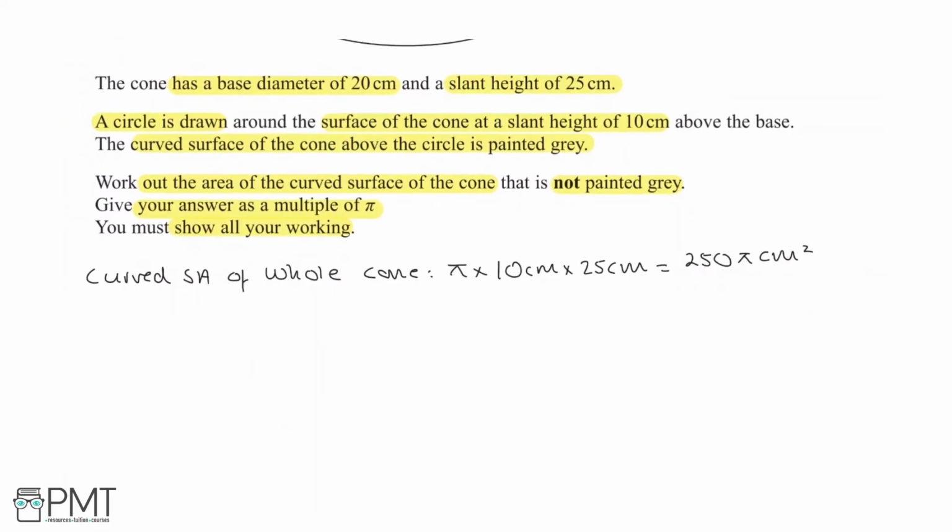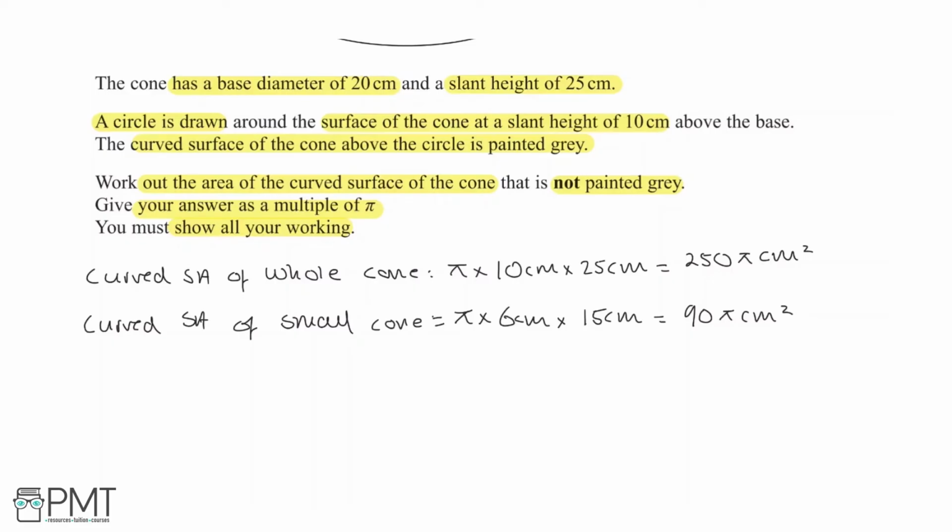So the curved surface area of the small cone equals pi times our radius, which we said was 6 centimeters, times our slant height of 15 centimeters. We have 6 times 15, which is 90. So this is 90 pi centimeters squared. Finally, all we have to do is find the difference.